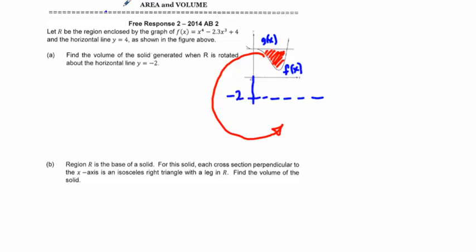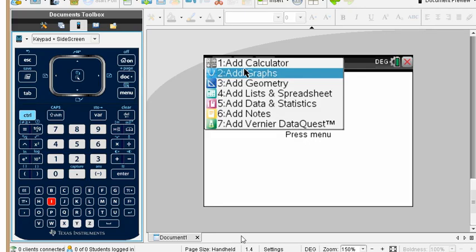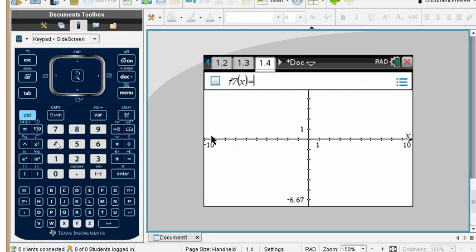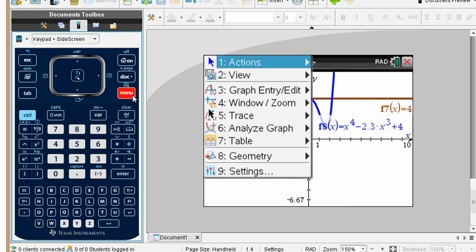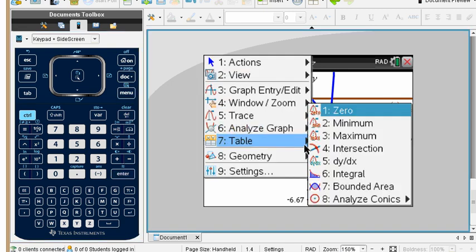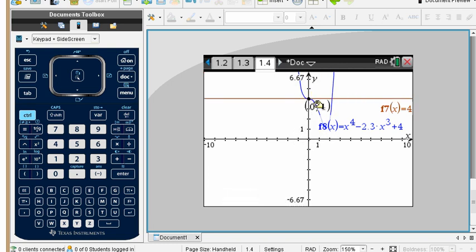So anyway, to do that, we need to find our intersection points for these two curves. So on the left, this one looks like the point 0, 0. I'm not 100% sure at this point that's what it is, but we can go to calculator and get a graph page and put y equals 4, there we go, and then get another graph, and this one's going to be x to the fourth power minus 2.3x cubed plus 4, and we see this blue curve that crosses the line, and we can find the intersection points by going to analyze graph intersection and find the first one where we have the point 0, 4.